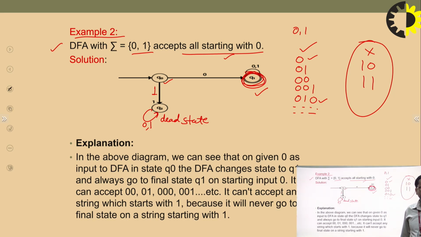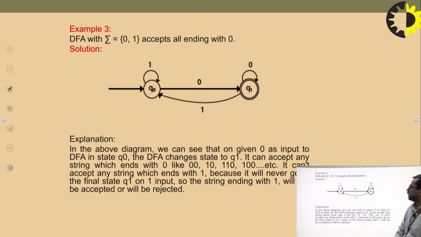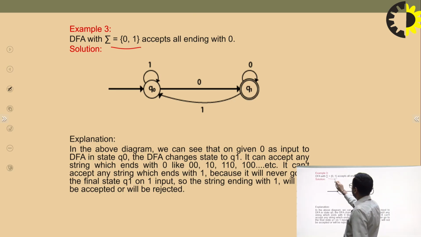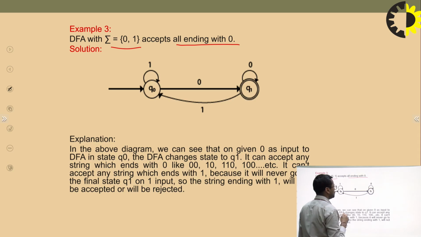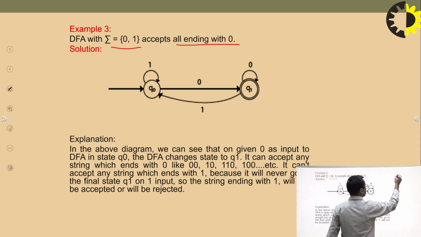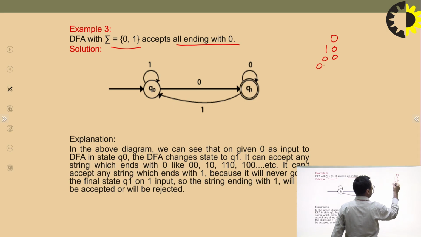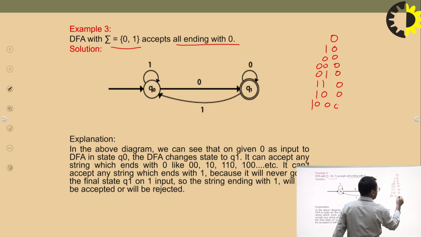The next question is a DFA with input symbols 0 and 1 that accepts all strings ending with 0. What will the strings be? 0, 1 0, 0 0, 0 0 0, 1 0 1 1 0, 1 0 0.